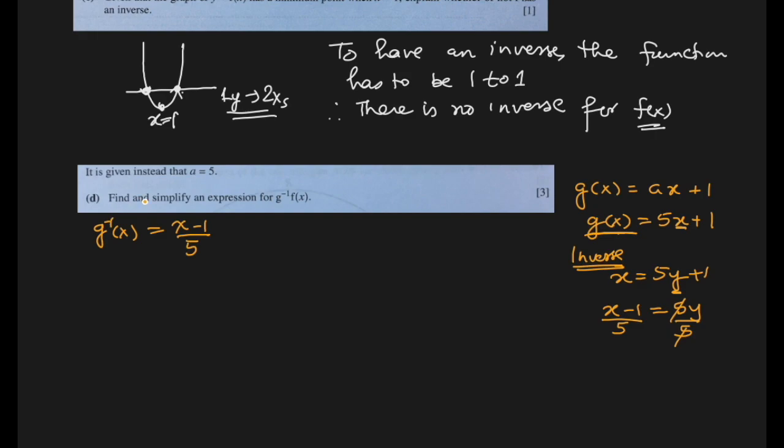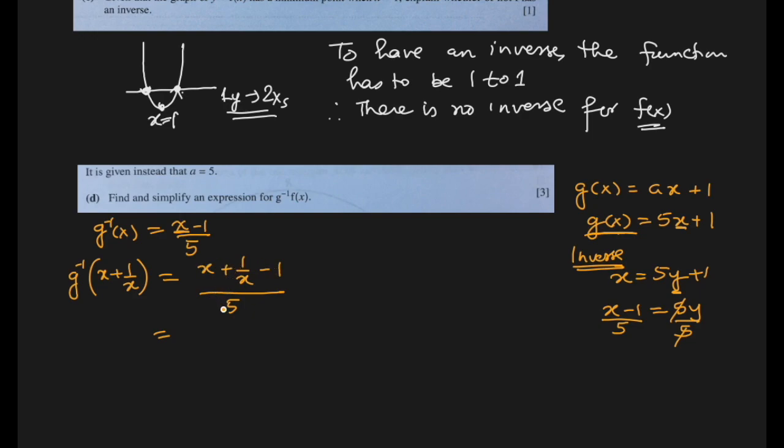And now find and simplify an expression for g inverse f(x). That means in this we will put g inverse of x plus 1 over x. In place of this x, these are going to be there: x plus 1 over x minus 1, over 5. So they want to simplify also.